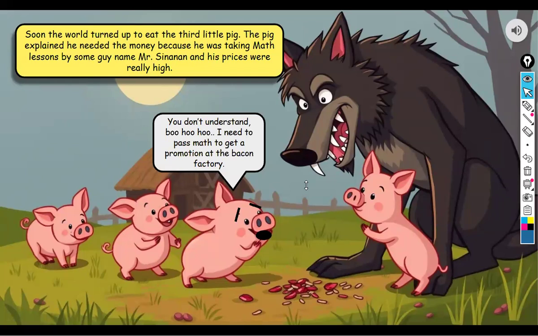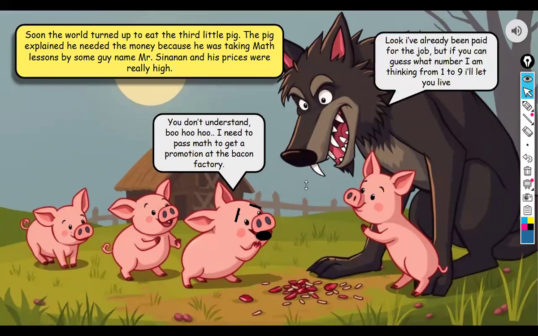So the wolf has a generous heart. I want you all to guess a number from 1 to 9, 1 and 9 inclusive. And if you're correct, we save the third little pig's life. So to save it, guess a number between 1 and 9.